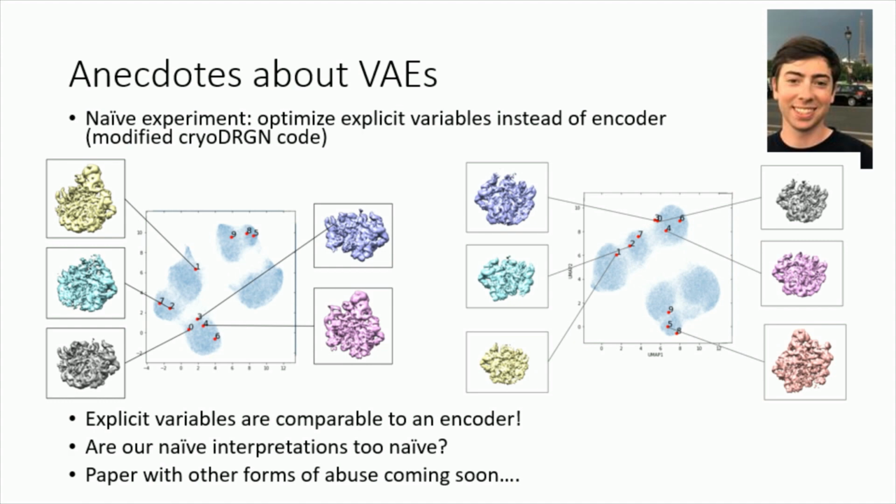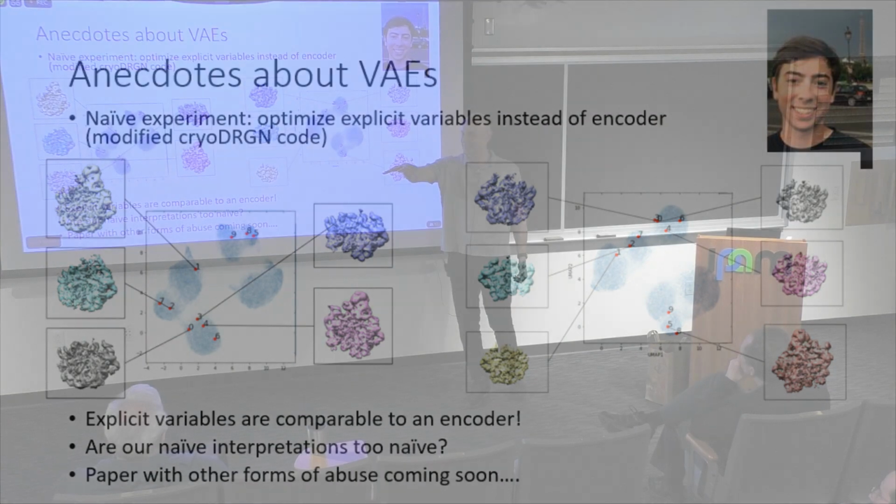There was a paper coming out about this. We replaced the encoder with this table of latent variables that we just optimized with stochastic gradient descent for each one of the images. Just replace a piece of Cryo-Dragon, based on other code that already existed in Cryo-Dragon.